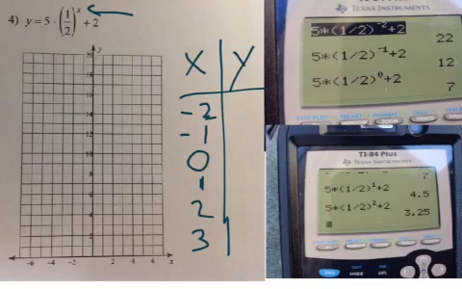And anyway, as you can see, when I plugged in -2, I ended up with 22. And when I plugged in -1, I ended up with a 12. And when I plugged in 0, I ended up with a 7.